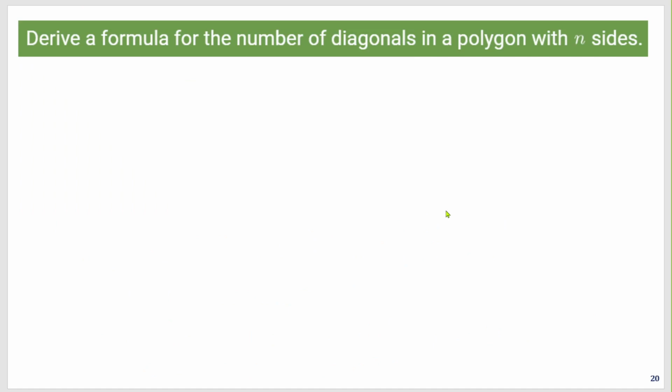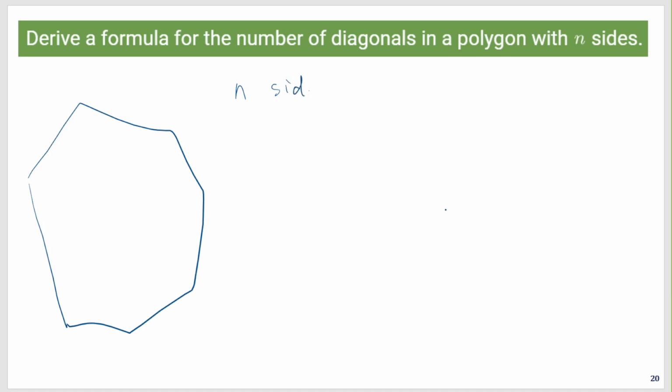Can you devise a formula for the number of diagonals in a polygon with n sides? For example, if you have a polygon here, it has n sides. How many diagonals can you draw inside the polygon with n sides? Well, if n equals 3, we don't have any diagonals, right?